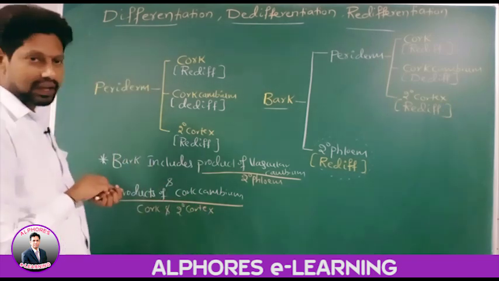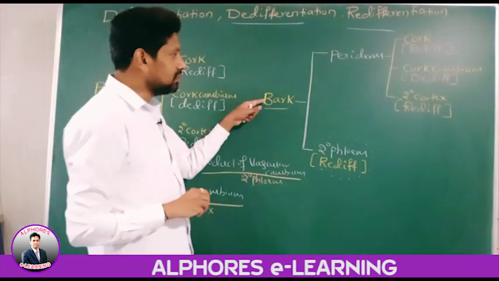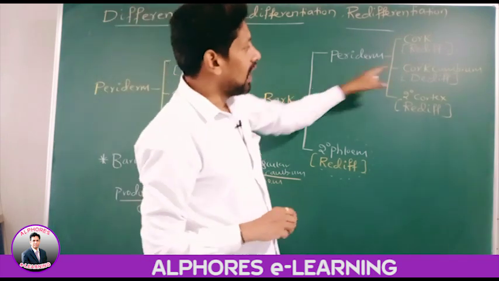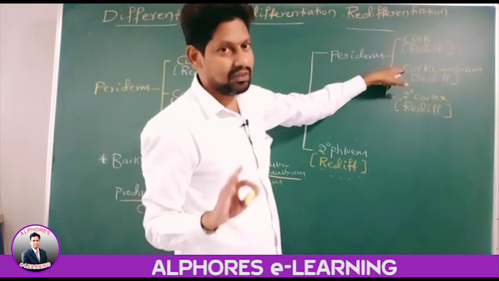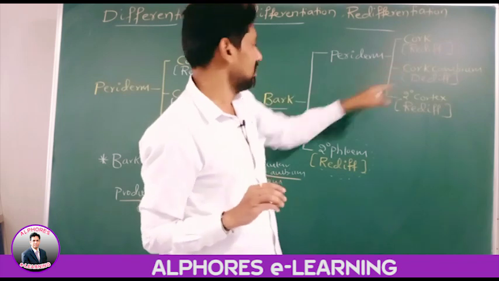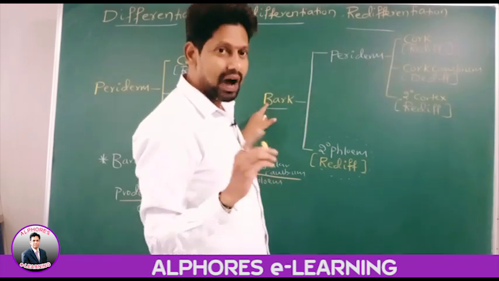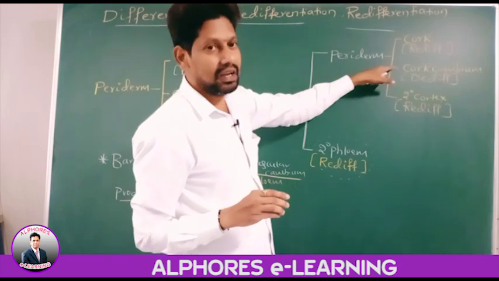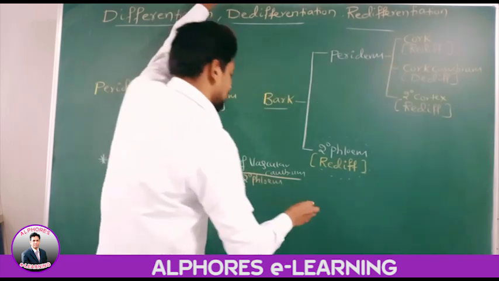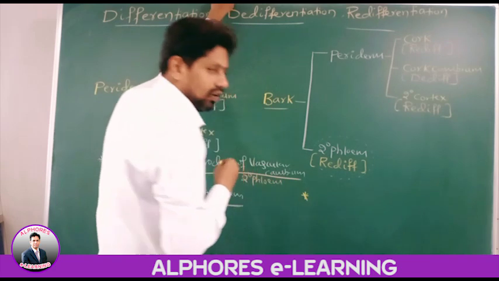Is this statement okay? Now listen to this statement. In bark, cork cambium is a part, but vascular cambium is not a part. Therefore, bark includes cork cambium, but not vascular cambium.